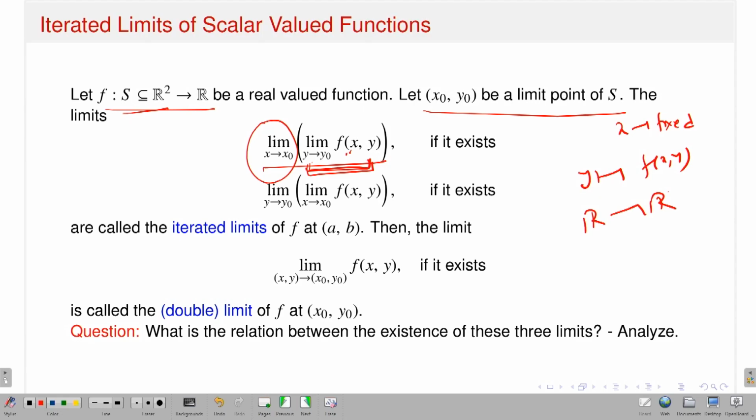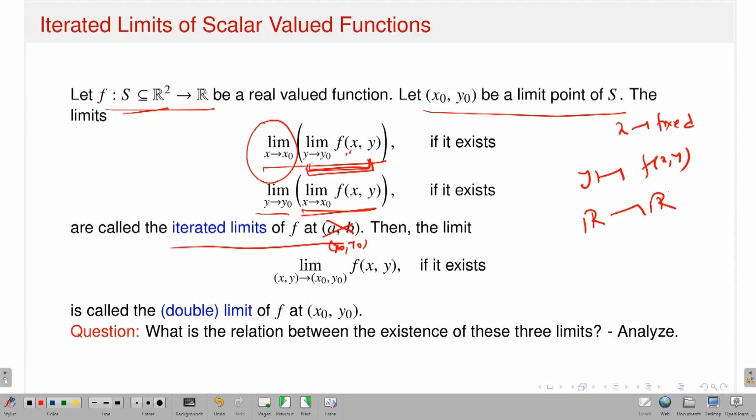If this limit exists, similarly you can flip it: first you keep y as a fixed variable, then talk about the existence of the limit for this single variable as x approaches x naught. Once I have that, you take the limit as y approaches y naught. If these two limits exist, then I will say that these are called the iterated limits of f at x naught, y naught. I said AB earlier, but it should be x naught, y naught. This is a mistake.